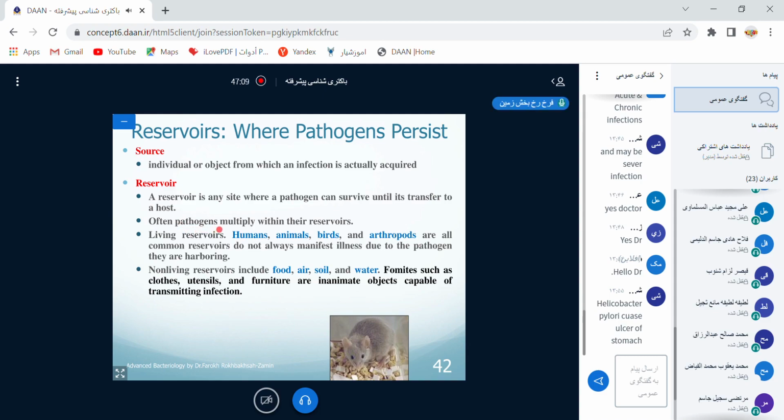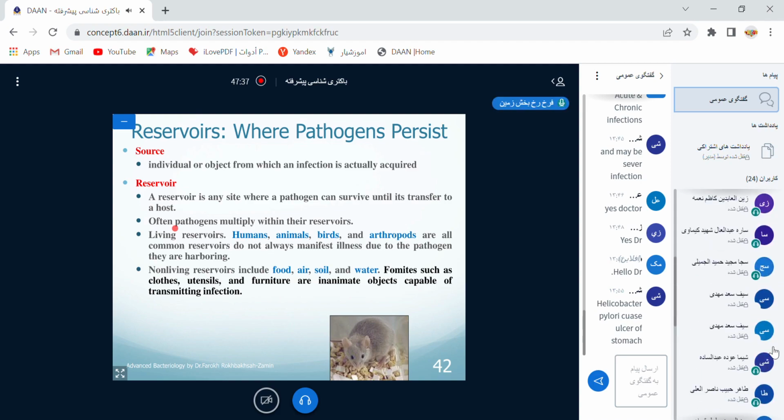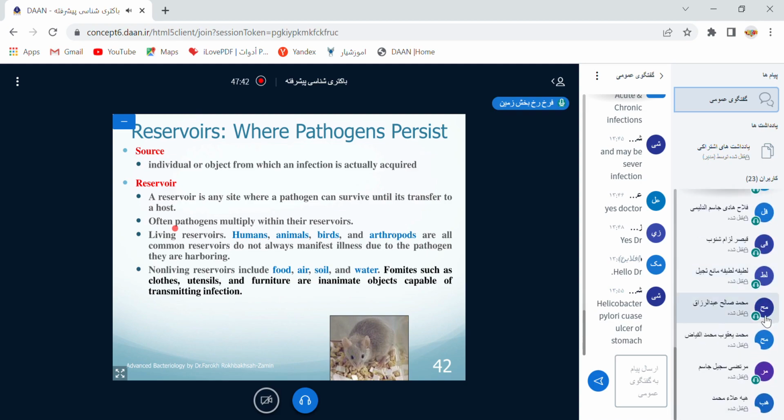Often pathogens multiply within their reservoirs. So pathogens sometimes can find reservoirs, and they can have a little multiplication, and they are waiting there to find a suitable, sensitive host.